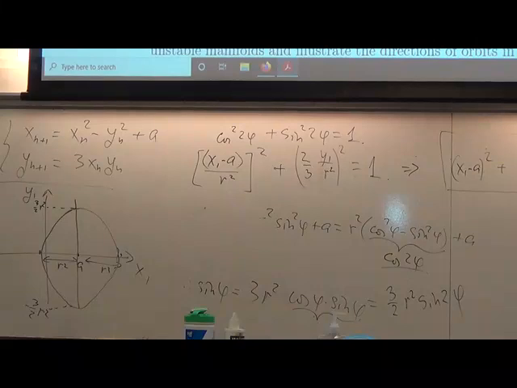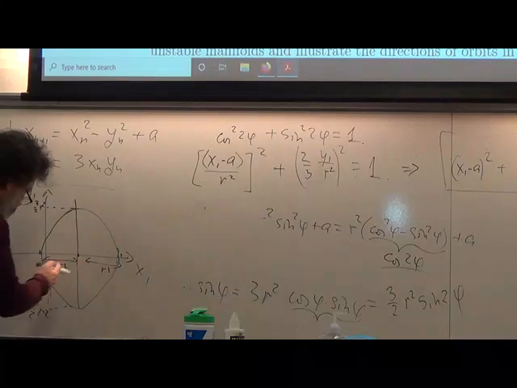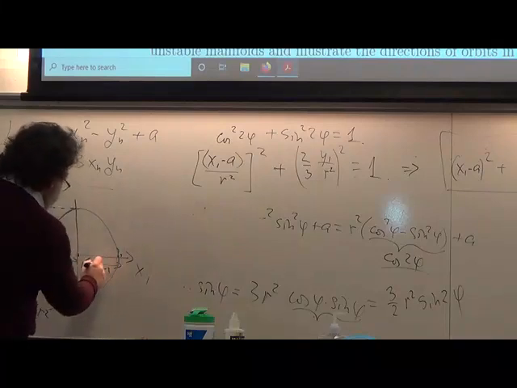This is, well, it is pretty much a math 101 problem, maybe even a school problem, to sketch an ellipse. So if a equals 1, this will be 1. And if r is 1, then this distance is also 1.